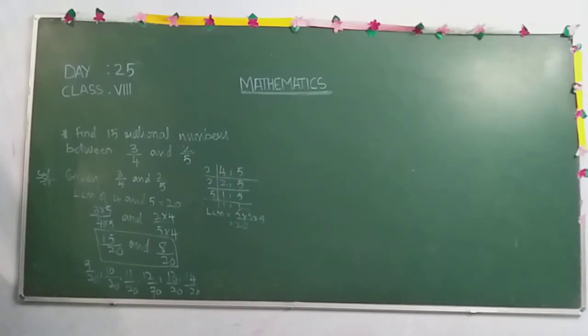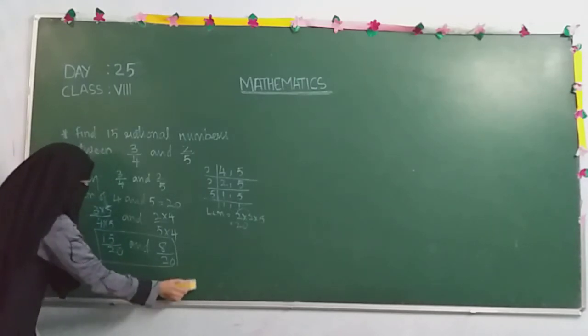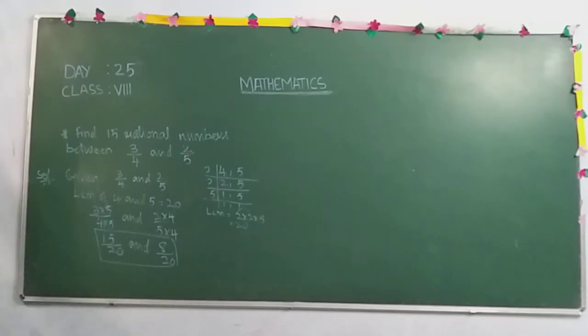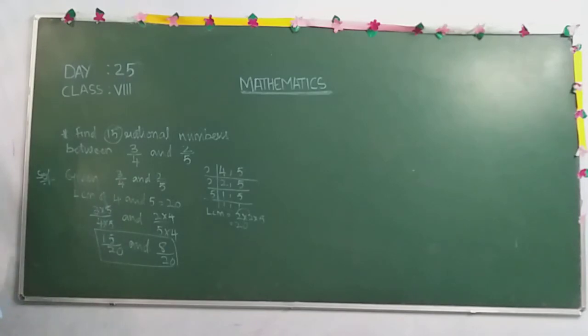So for that, what do we have to do? Yes, exactly. We need to follow the previous process. The only difference between the previous problem and this problem is that here we first have to make the denominators equal. In the previous problem, what we have done? Whatever number of rational numbers is asked in the question, to that we add 1.